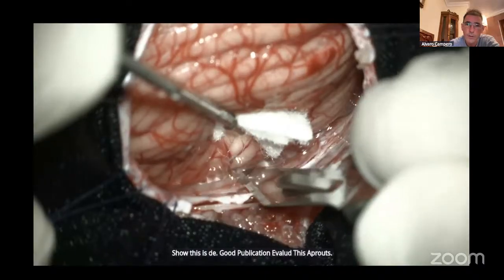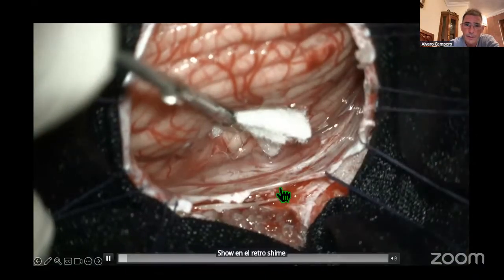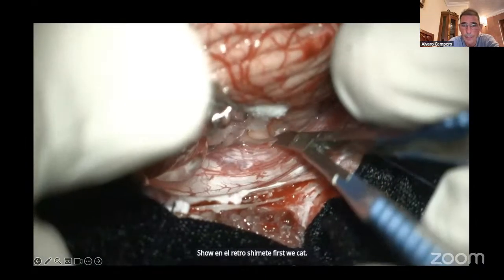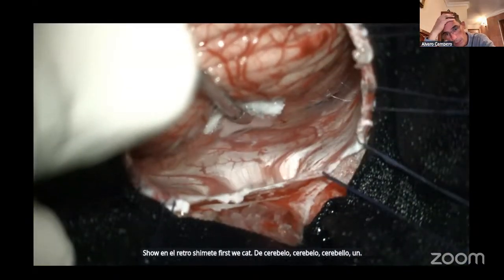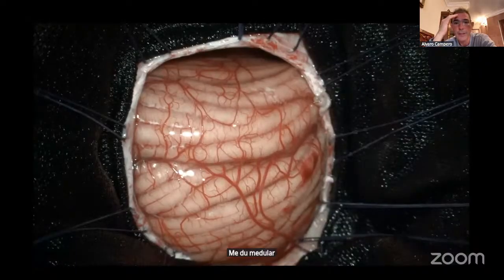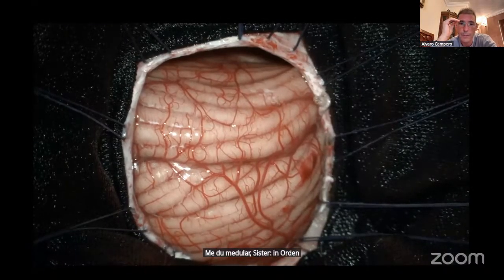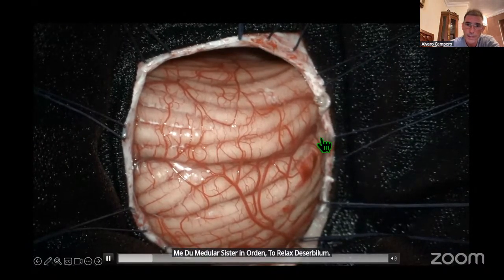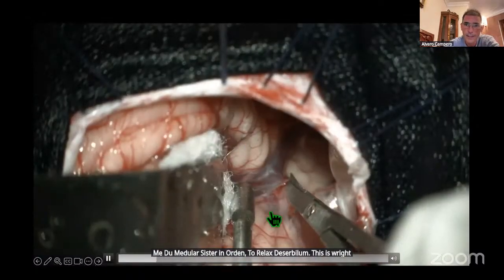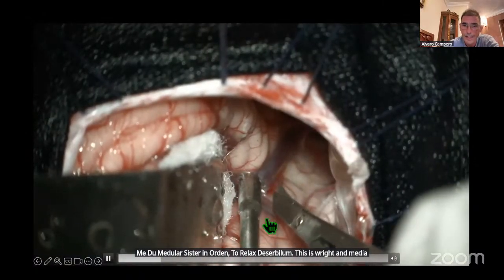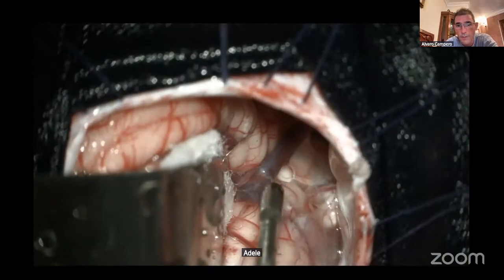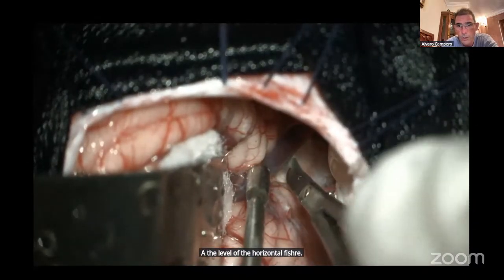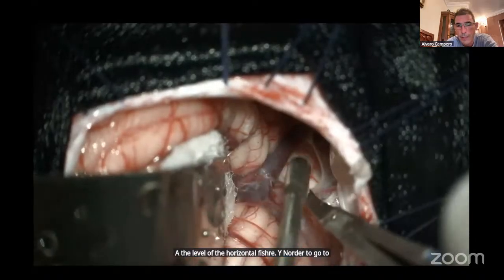So in the retrosigmoid approach, right side, first we cut the cerebellomedullary cistern in order to relax the cerebellum. This is right, and medial, lateral. We are on the right side. We are cutting the arachnoid at the level of the horizontal fissure in order to go to the middle cerebellar peduncle.